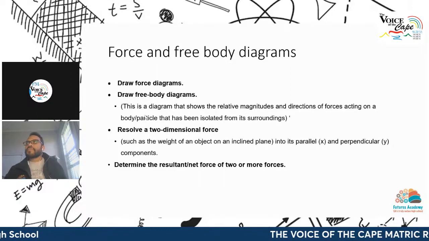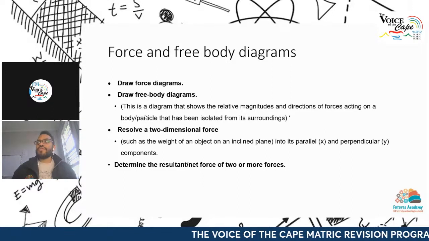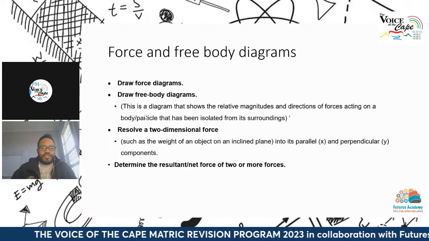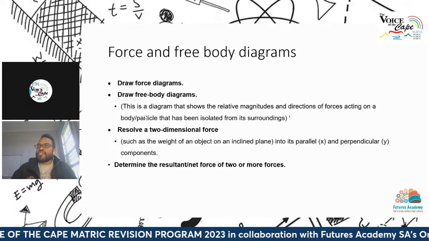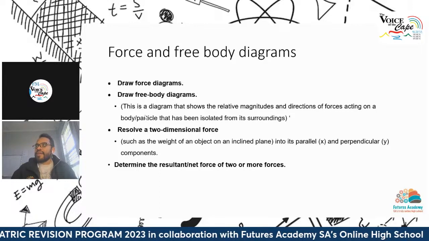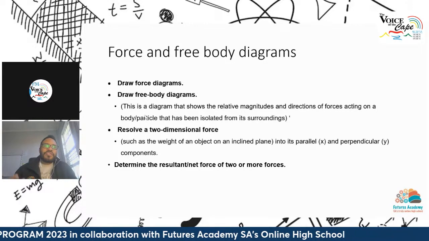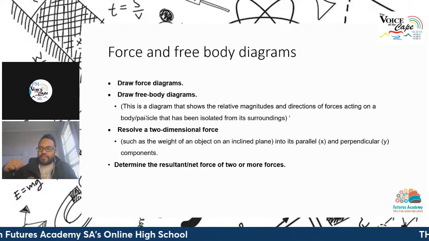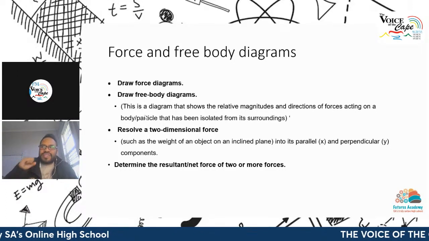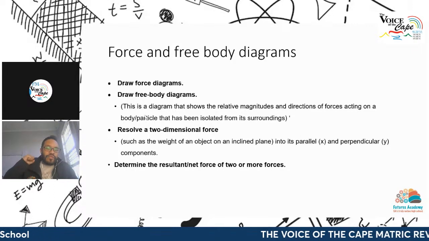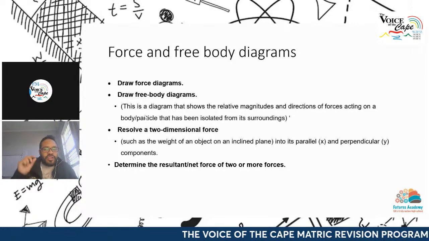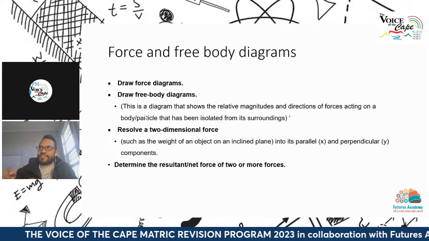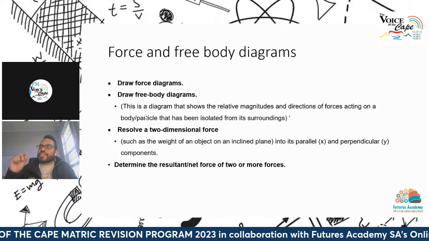You must also be able to resolve a two-dimensional force. So if we talk about the weight or the gravitational force acting on an object which is on an inclined plane, we must be able to break it down into its various components. Similarly, if I apply a force, let's say I'm dragging a box and I drag that box at an angle, or the force is applied at an angle, then we know that there are parallel and perpendicular components relative to the surface that we must be able to resolve.